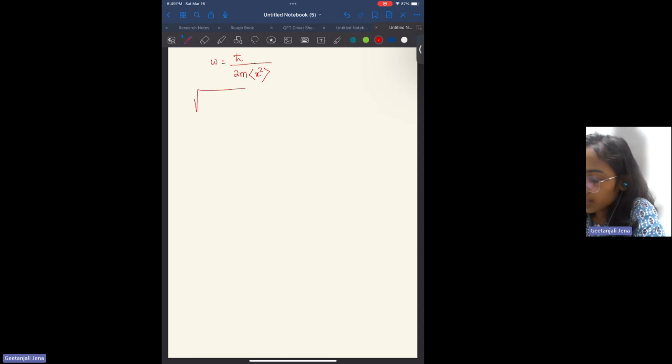Now what is given to you? It is given to you that the root of x minus expectation of x, squared, equals 10 to the power minus 10 meter.